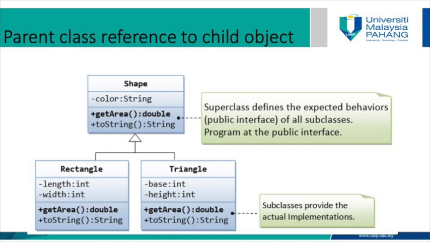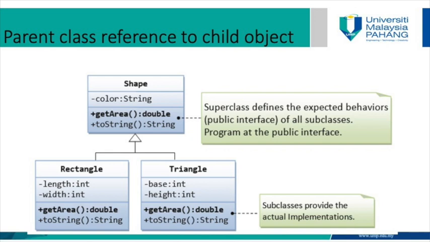It does the calculation of the area in the child classes and provides that information to the parent class. The superclass, which is the parent class, defines the expected behavior, the public interface of all subclasses, and the program uses the public interface.